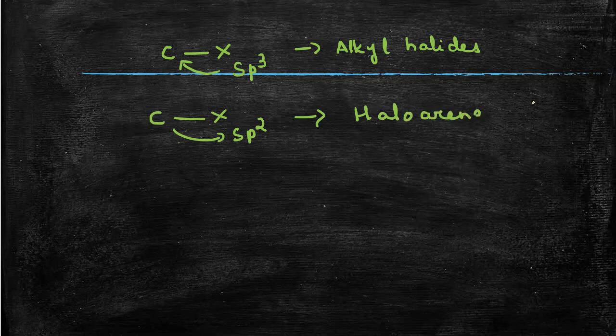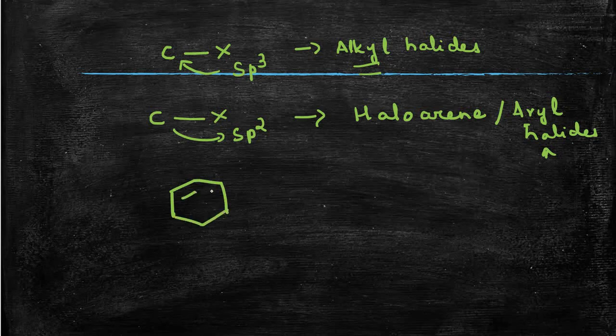Now when the halogen atom is attached to a carbon which is sp2 hybridized, it is our haloarene, or aryl halide. This one is our alkyl halide and this one is our aryl halide. So in the case of these types of compounds, the halogen atom is directly attached to the benzene nucleus. You can see here this carbon atom is sp2 hybridized, since there is a double bond.